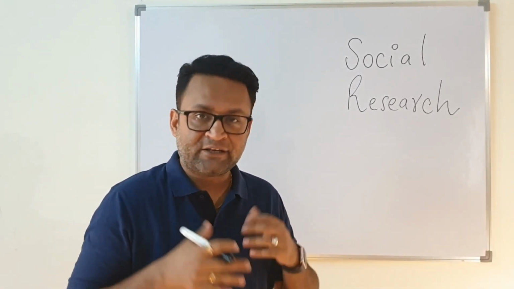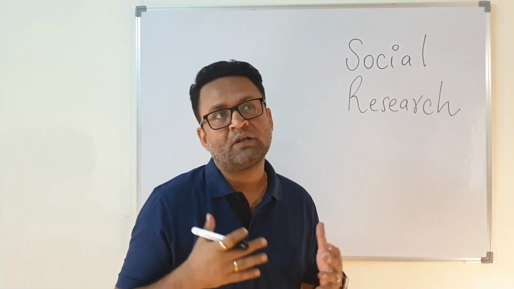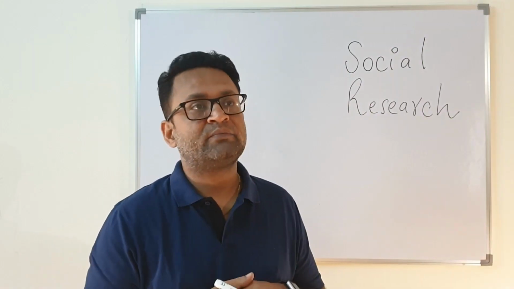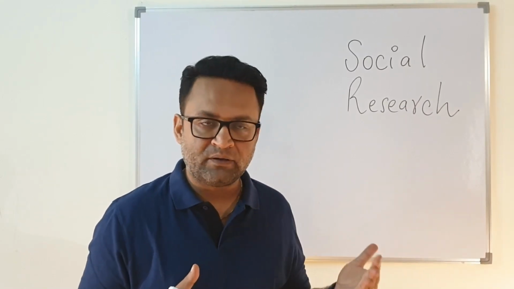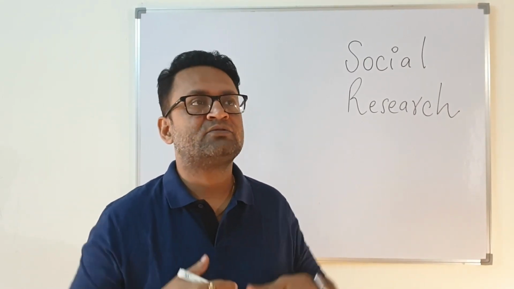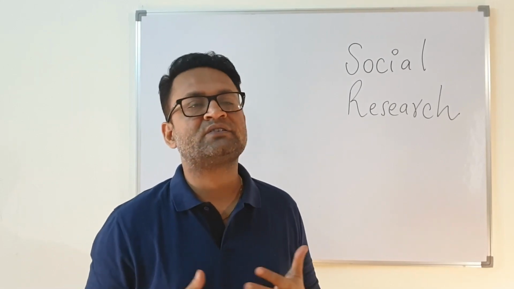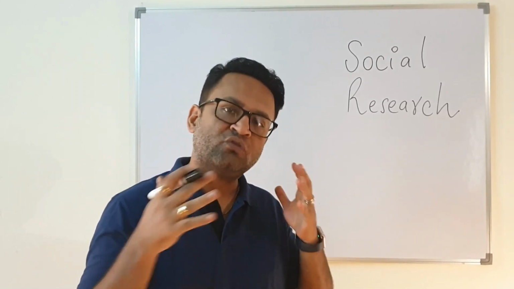can come out with something which is going to be helpful for the people for whom we are designing. So the idea of doing a social research is basically that we need to go to the people.